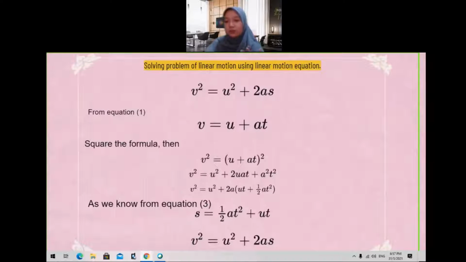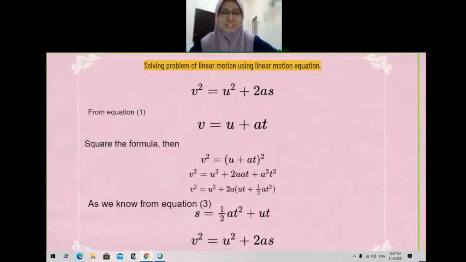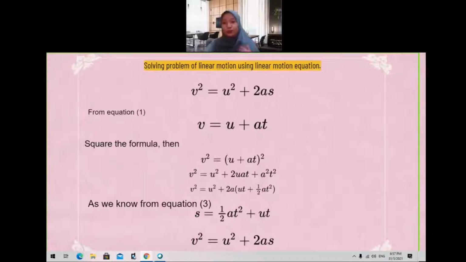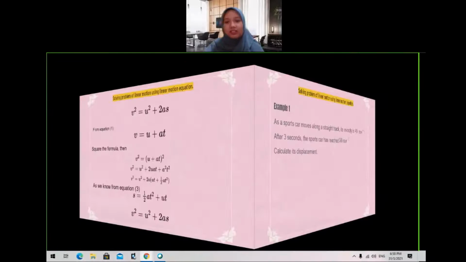From equation number 1, V equals U plus AT, we square it and we will get V squared equals U squared plus 2A factorized with (UT plus half AT squared). Half AT squared plus UT is the formula of displacement, so we substitute equation number 3 we have learned just now, and we get V squared equals U squared plus 2AS.